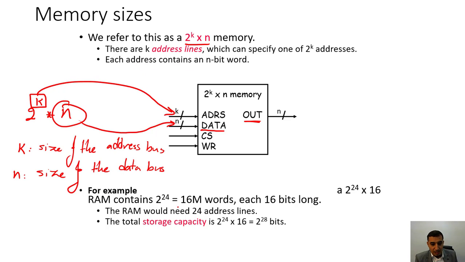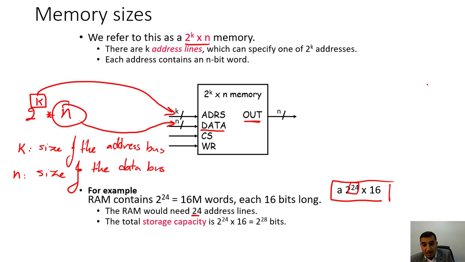For example, if I have a RAM that contains 16 mega words, each of 16 bits long, it means we can have 2 to the power 24 multiplied by 16. This is the size of the RAM. The RAM would need 24 address lines, here they are, 24, and the total storage capacity is 2 to the power 24 multiplied by 16.